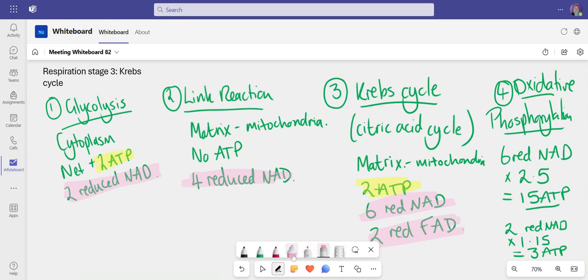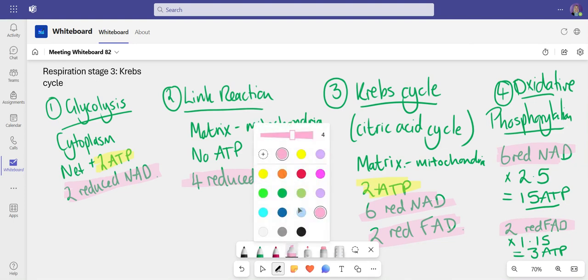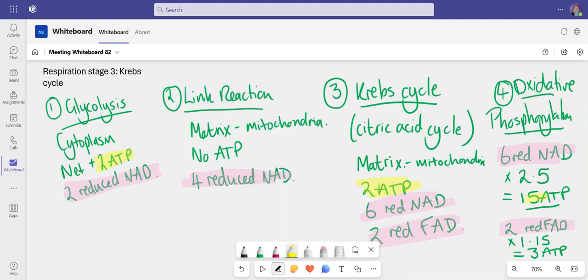Okay, so these reduced NADs that came from the earlier stages and the reduced, oh, that's a mistake. Look, I said FAD and wrote NAD. Apologies, let's correct that. FAD. So these reduced coenzymes that we got from the earlier stages in the stage 4 are going to make us loads of ATP.